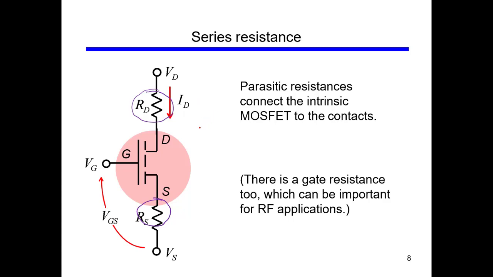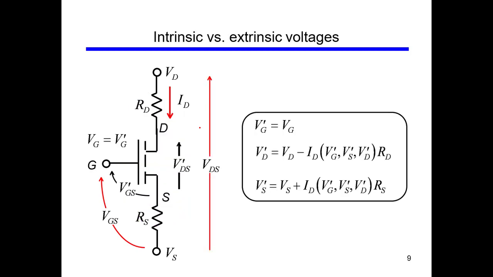So let's see how these parasitic resistances can be included in our model. So we have this VG prime, which denotes the intrinsic gate voltage.